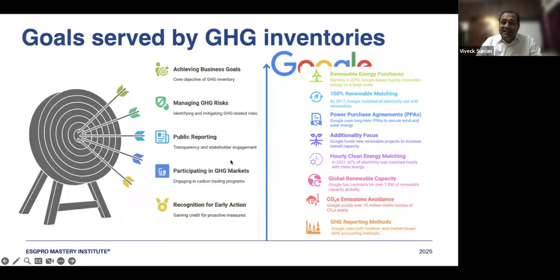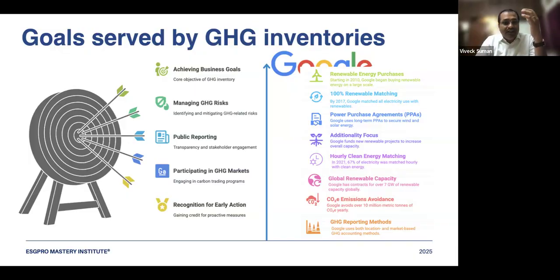Now, let's understand, people were debating, right? What is the goal it serves? The GHG inventory creation. Ravi, you were asking GHG inventory, right? So it's just a synonym to GHG carbon accounting, the creation of a GHG inventory, which is an asset for a company. That's why it is called GHG inventory. Now, to what kind of goal it serves?